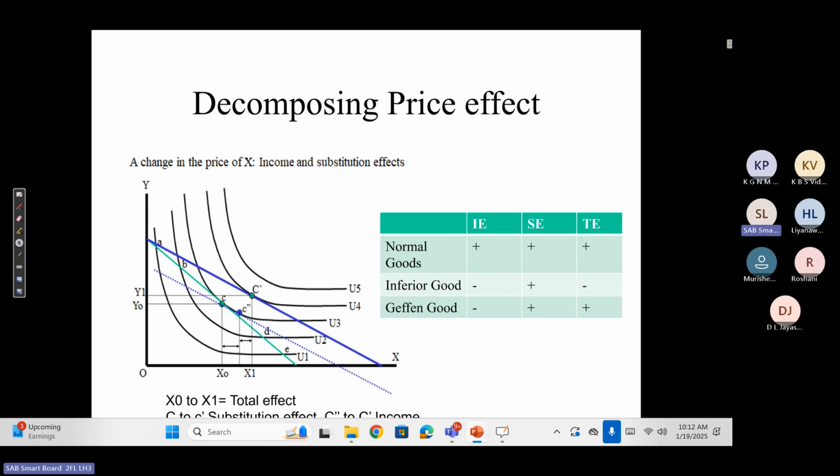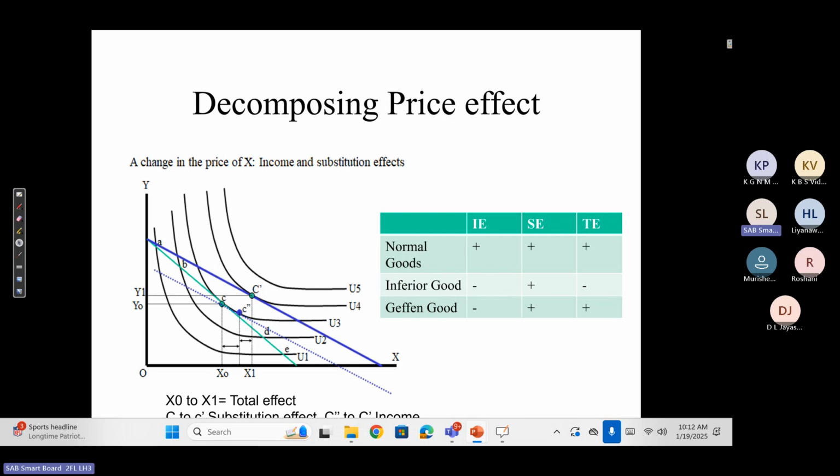If we add the income, C double prime to C prime is a further change due to the income effect. So we can identify those two effects. C to C double prime explains the substitution effect, sorry, and C double prime to C prime explains the income effect.